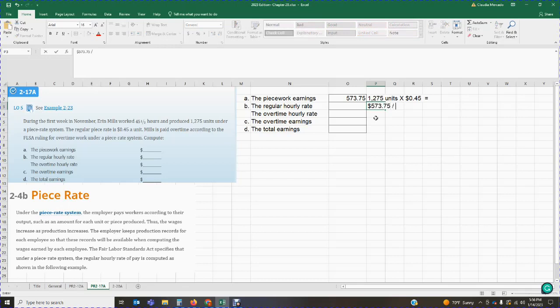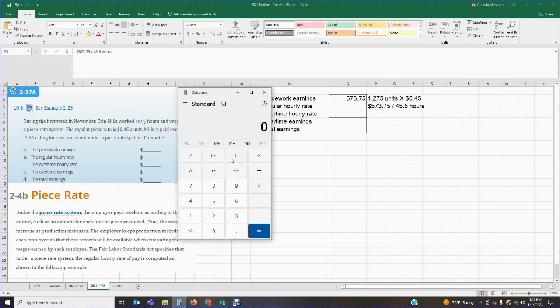We're going to divide that by the number of hours that he worked this week. In order to produce 1,275 units, Aaron had to work 45 and a half hours. That was provided to you in the problem. So we're going to go ahead and calculate that.